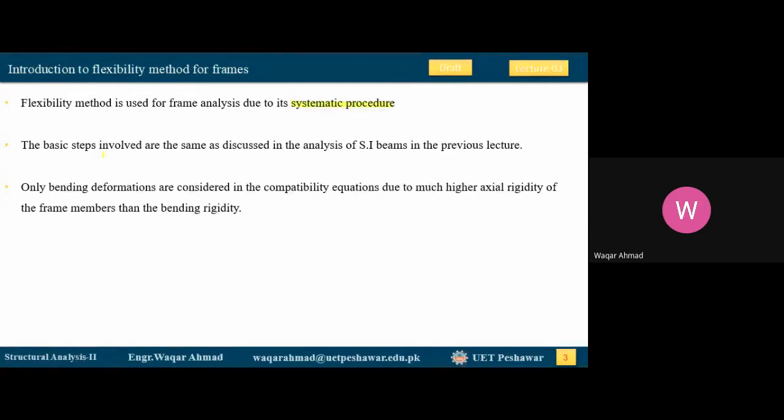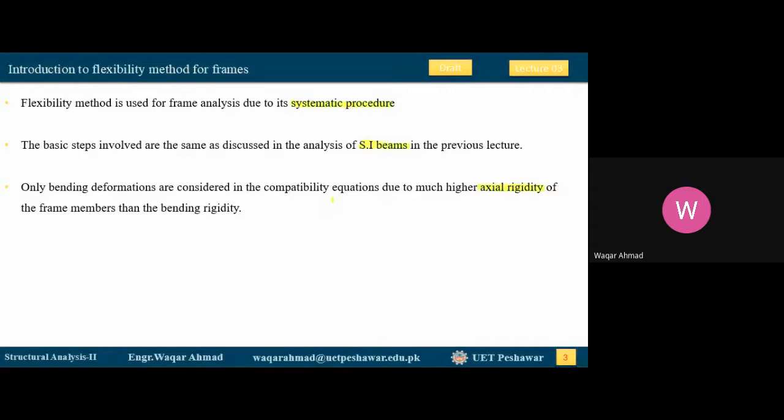The basic steps involved in the flexibility method for frames are the same as we already did for the analysis of statically indeterminate beams in the previous lecture. We will be taking only the bending deformations.